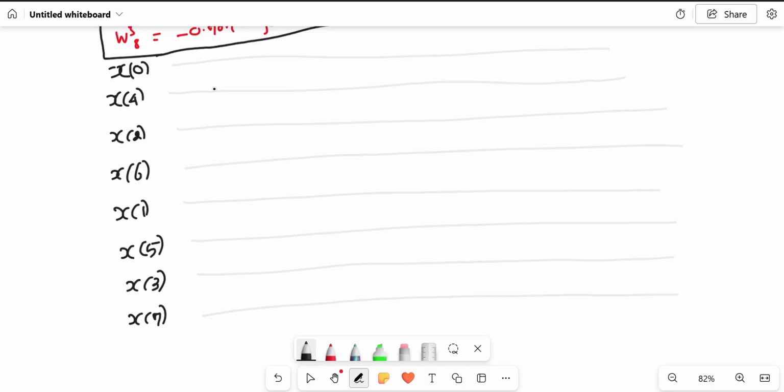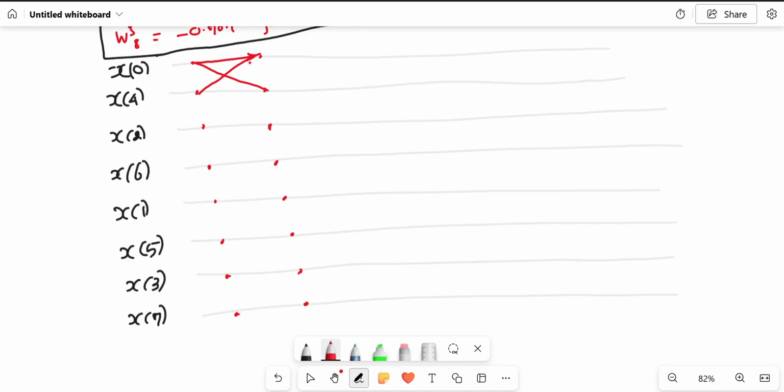So the 2-point computation, we'll see now how it will be. For the first stage I'll use red color. The 2-point butterfly, the basic 2-point computation, I will draw. So this is the basic 2-point butterfly computation.